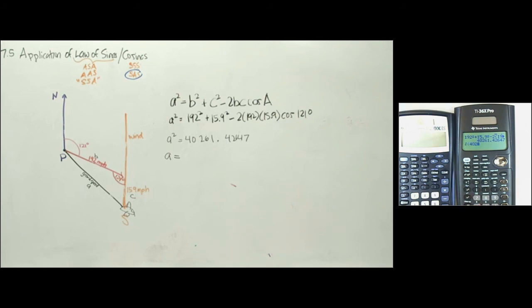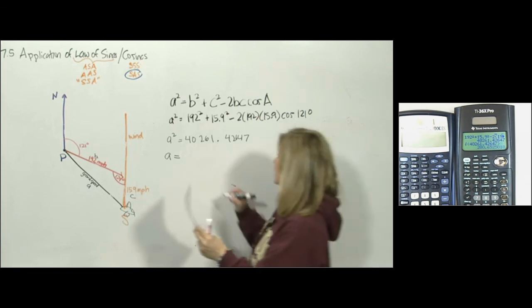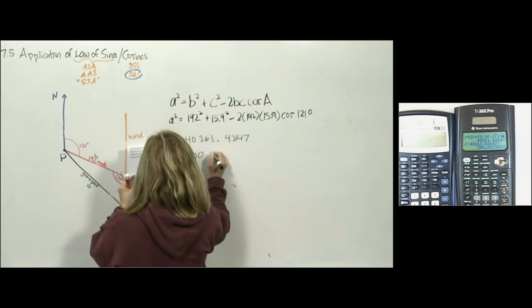I type the whole decimal number in. Okay, typed it all in. Remember, those parentheses are telling us, hey, calculator, all of this is underneath the square root symbol. I hit equals. Okay, I'm going to write my correct answer, the exact.